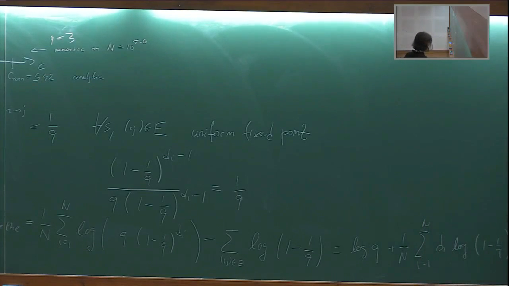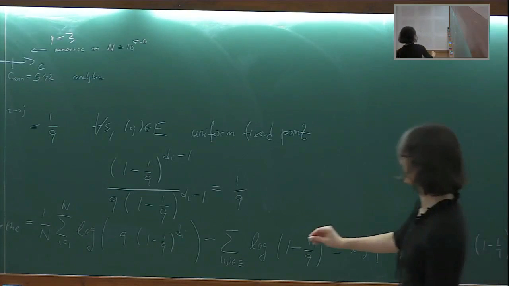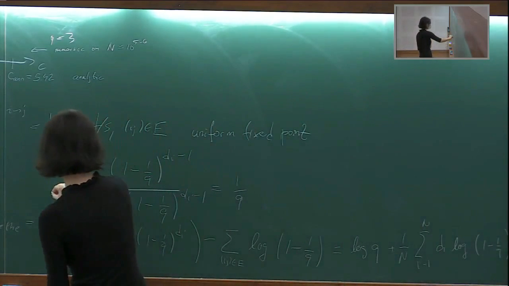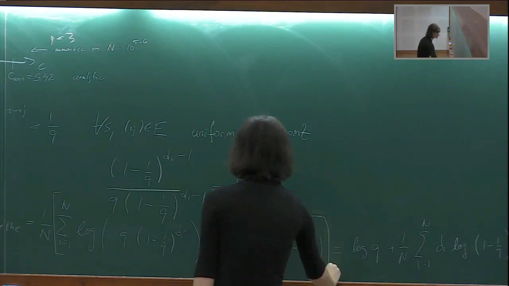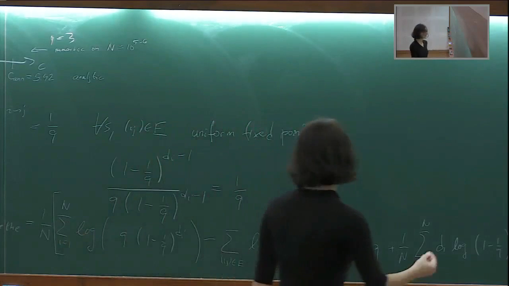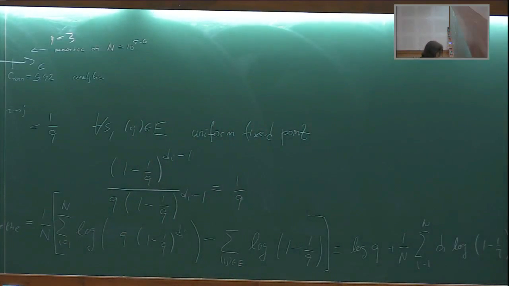Minus, oh, did I forget a big bracket here, because the 1 over N applies also to this term. Minus 1 over N, sum over all edges, and log 1 minus 1 over q.